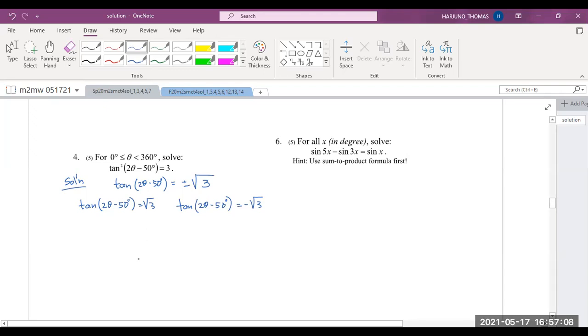Okay, now from there we see, if that's the case, then 2 theta minus 50 degrees must be 60 degrees plus 180 degrees k. Right? And then for the second branch, let me move this a little bit to the left.